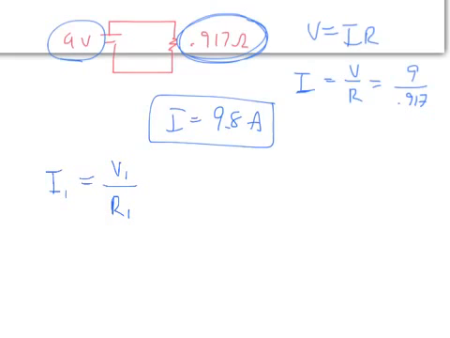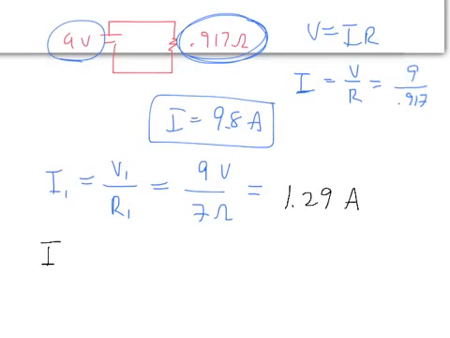Now, remember that the voltage is the same across all resistors, so this is always going to be 9 volts, but the first resistor is 7 ohms. So the current across the first resistor will be 9 over 7, which reduces to approximately 1.29 amps.